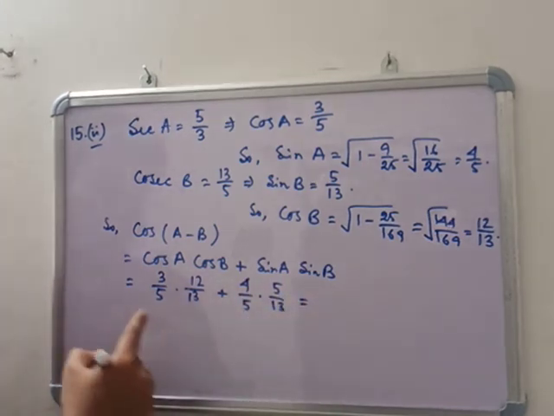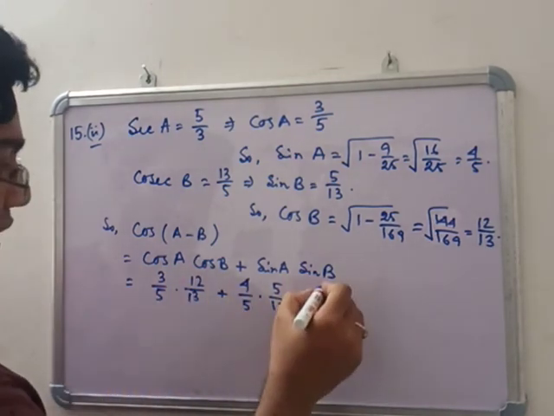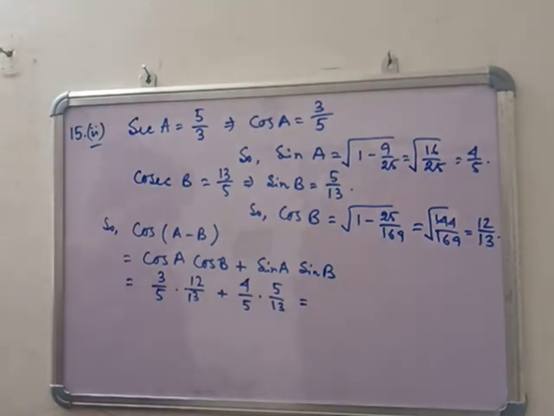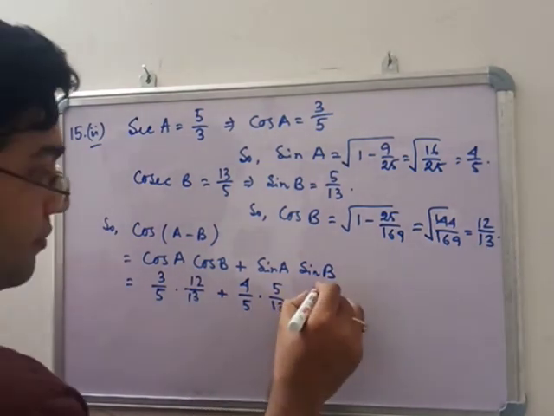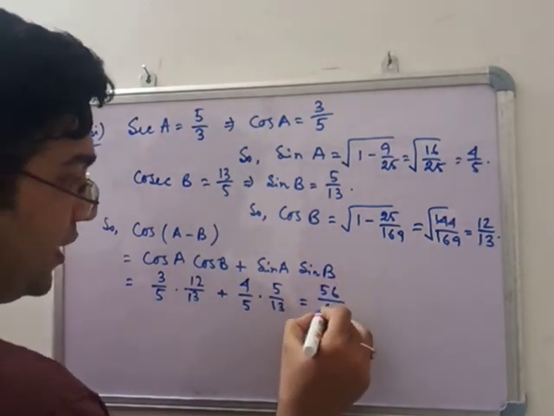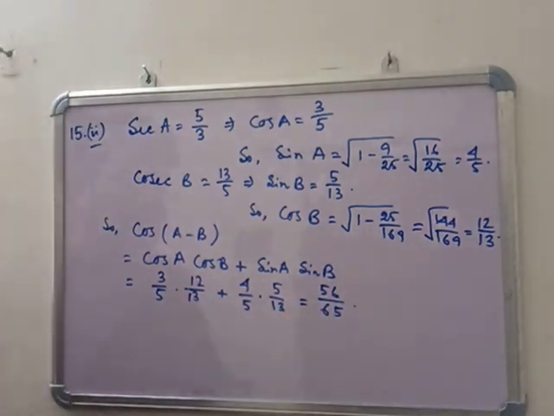So that means 36 plus 20, 56. So 56 by 65. Okay.